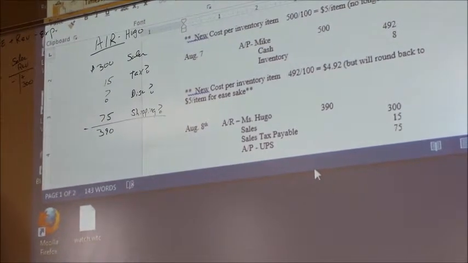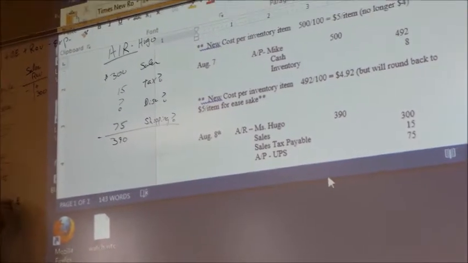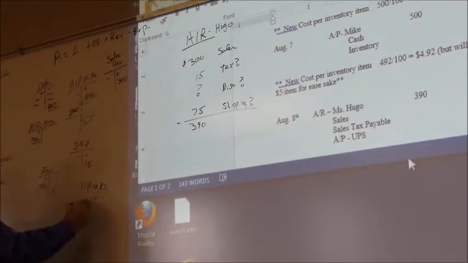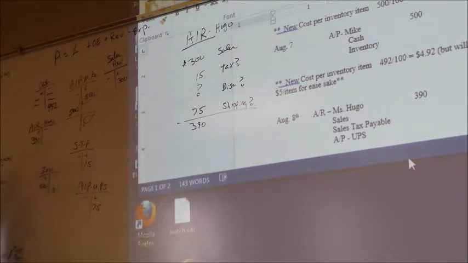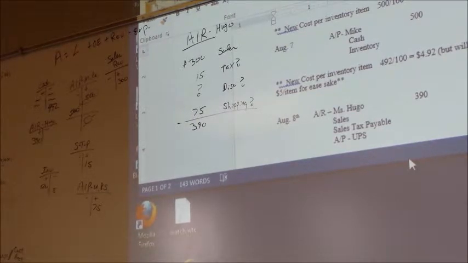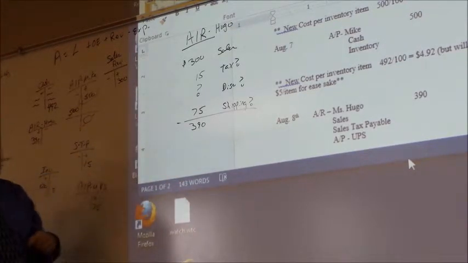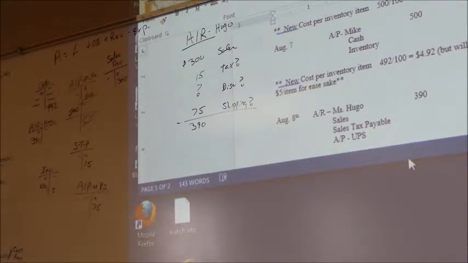I'm going to have to pay them that money. UPS charges me, the seller. They don't care what your terms are. They're going to charge the seller. Remember, you better not put it as an expense because that would be a credit to an expense, and that's not good. Go ahead, Chris.